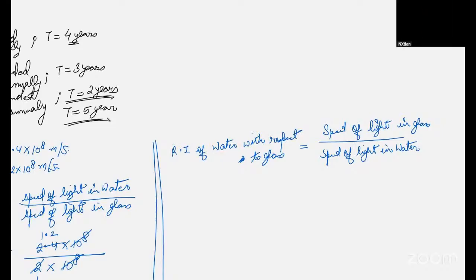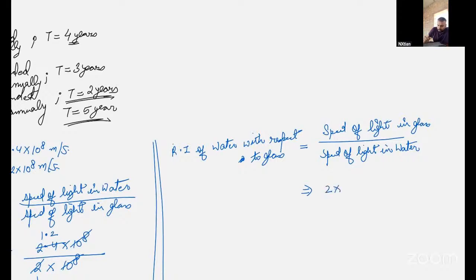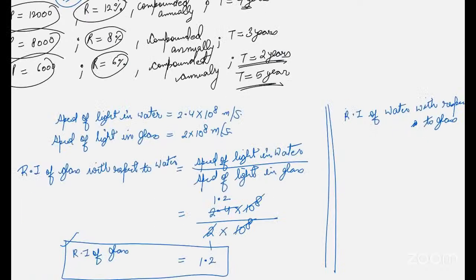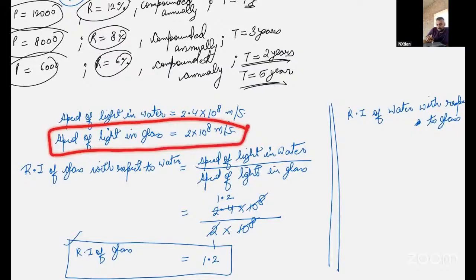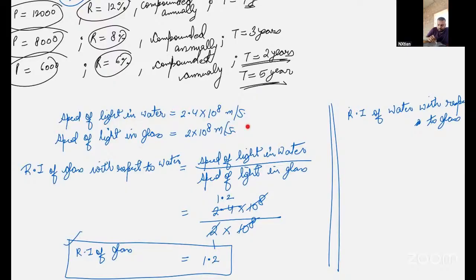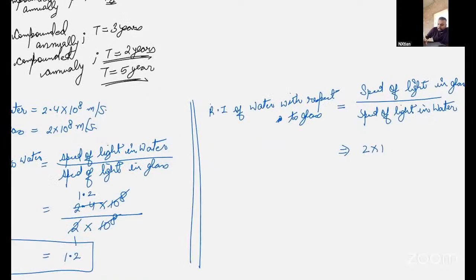Okay. Now, what is the speed of light in glass? Quickly tell me. It's 2 into 10 to the power 8.